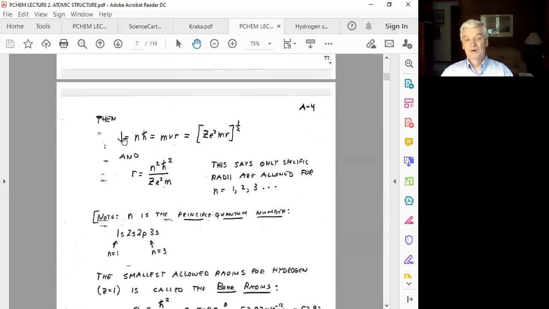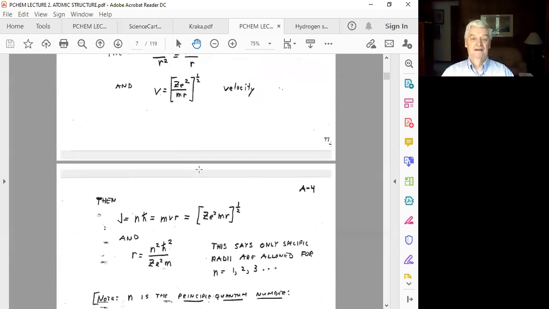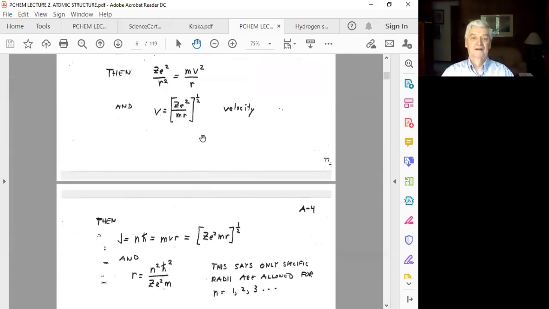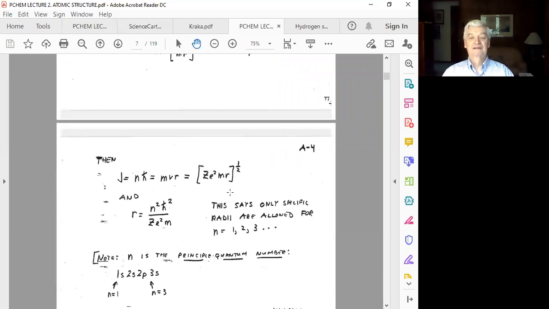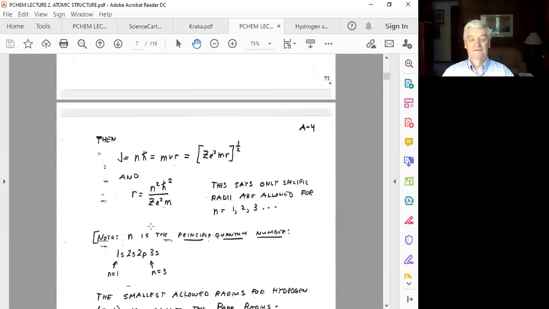And then Bohr had his angular momentum condition: n h bar is equal to linear momentum times the radius of the circle. And when you plug in what the velocity is from here, then you come up with this formula and you can solve for r.